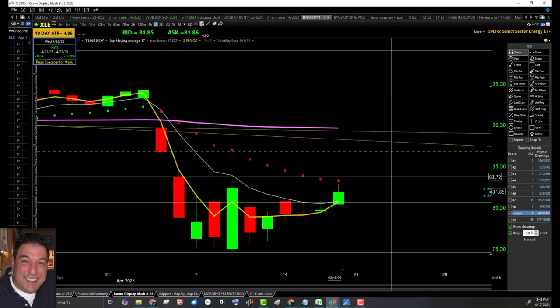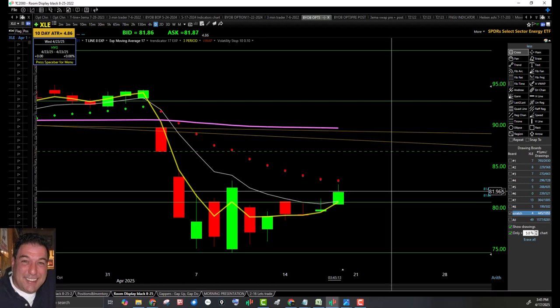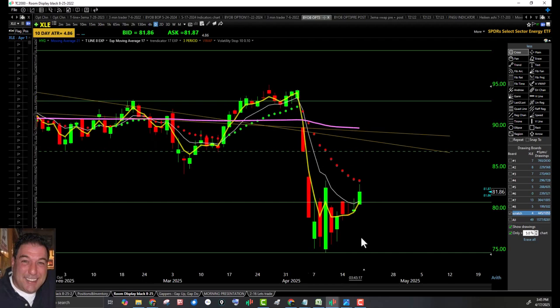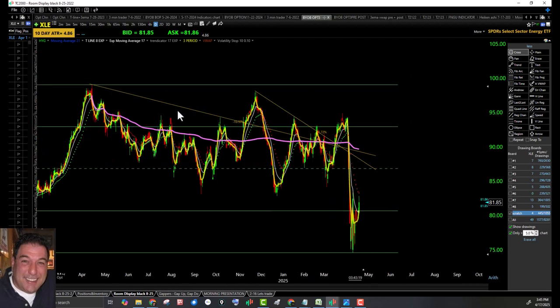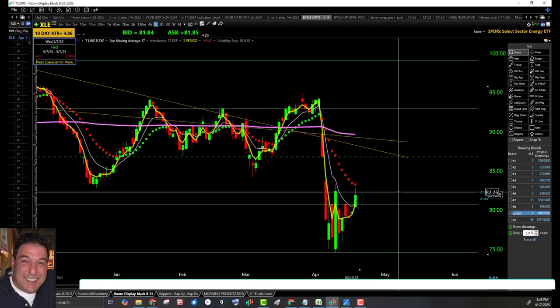Had they closed up here, okay, they could have been neutral, but they closed in the lower third, so they're still bearish right there. Underneath downtrend line 1, downtrend line 2, and the all-time high anchored VWAP. All right, XLE. All right, still bearish.